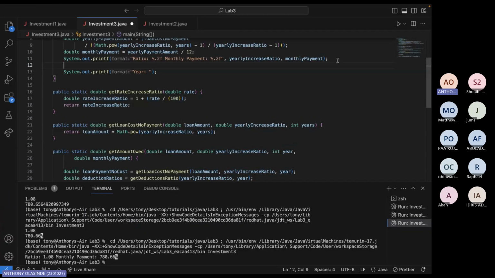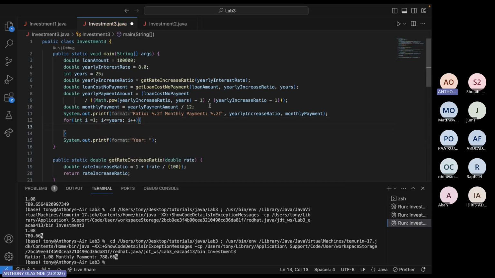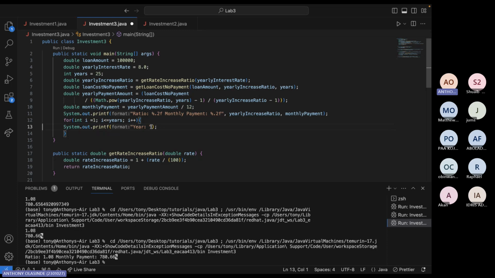So for int i equals 1, remember our loop, i less than or equal to 25, i plus plus. Then we'll bring our printf inside, so we want to print 25 times. That will be i, so %d. We'll come back to that.